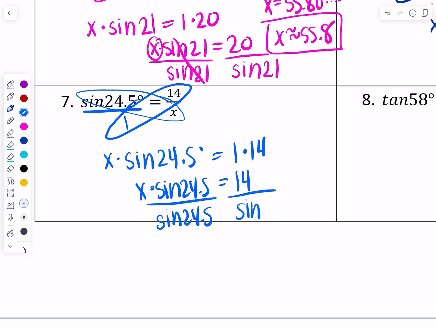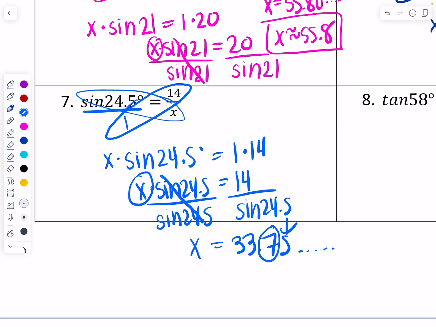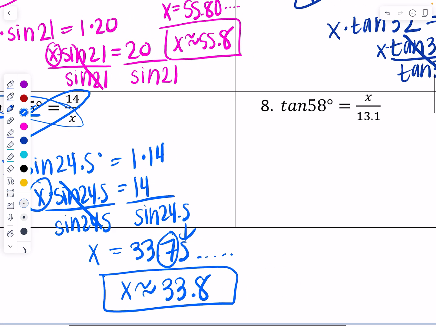When I do that, x is going to be equal to 14 divided by the sine of 24.5. That gives me 33.75. The 7 is going to round up to an 8 because of that 5, so x is going to be about 33.8.